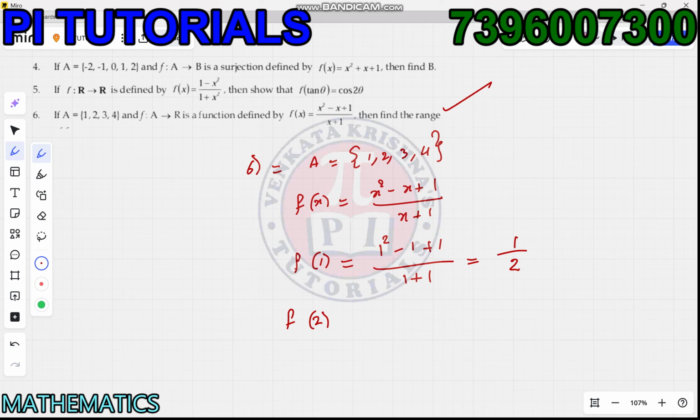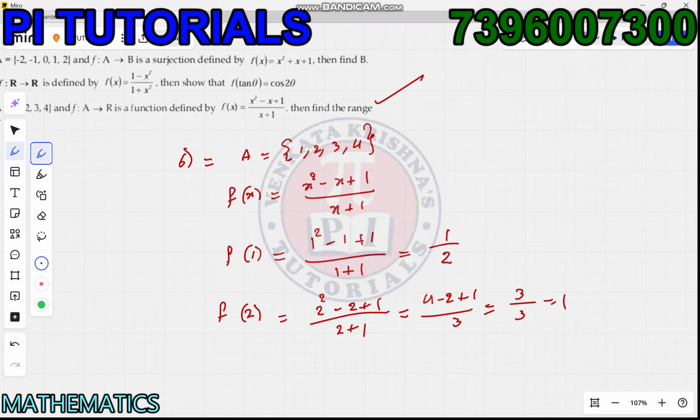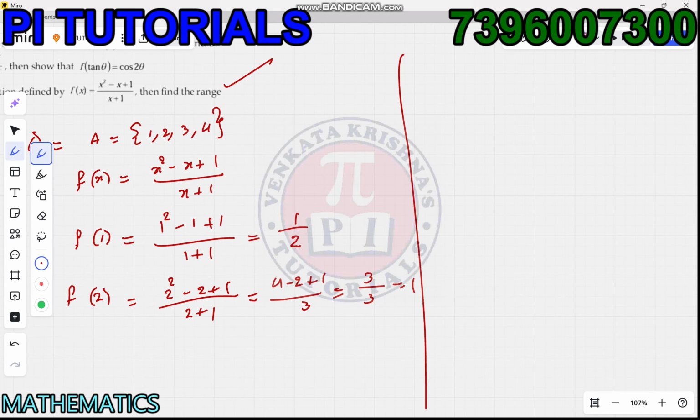Similarly, f of 2 is equal to (2 square minus 2 plus 1) by (2 plus 1). Simplification: (4 minus 2 plus 1) by 3 is 3 by 3, which is equal to 1. Similarly, f of 3 is equal to (3 square minus 3 plus 1) by (3 plus 1), which is (9 minus 3 plus 1) by 4, that is 7 by 4.